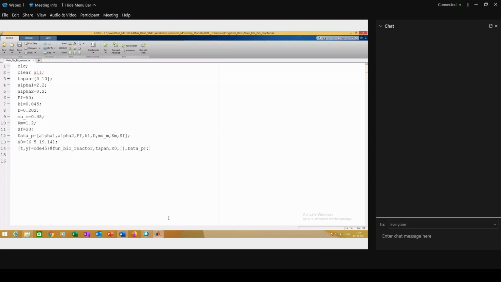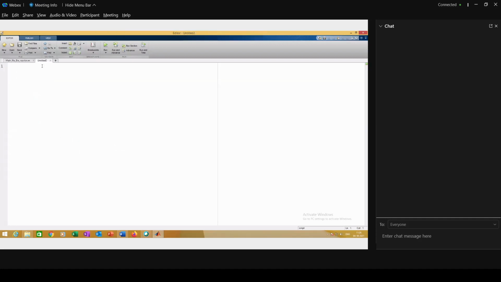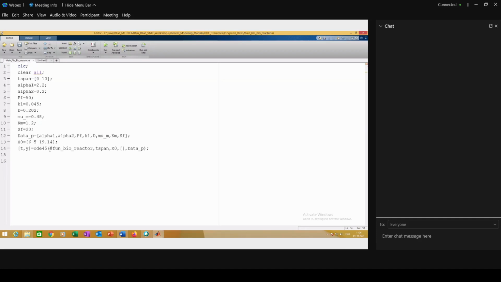So we wrote the script file. Let's write the function. We have function, then we have output as dcdt, then we have the function file name, which we can take from here.